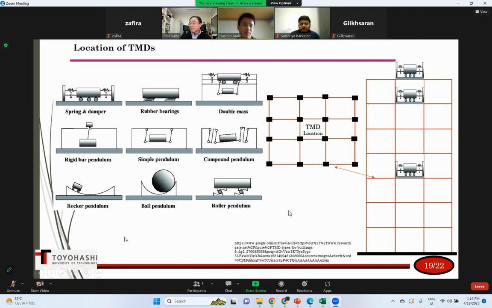Because Sensei, you asked me in the previous meeting how practical it is to install multiple TMDs on many floors. So, for example, we consider this kind of space for an elevator, we can consider the same space for some TMDs.